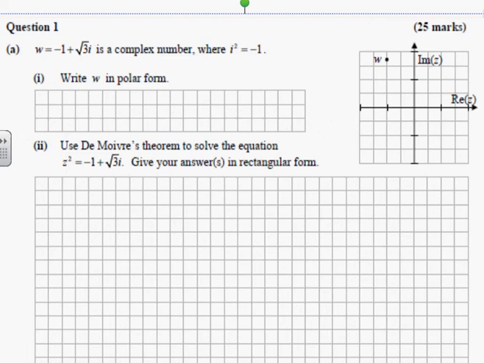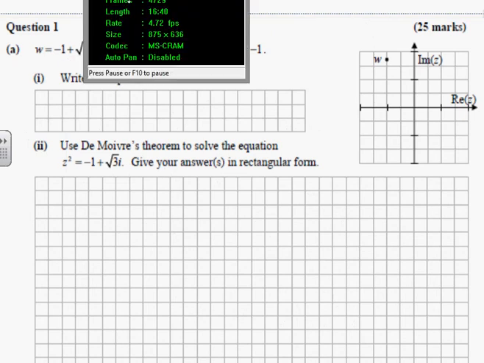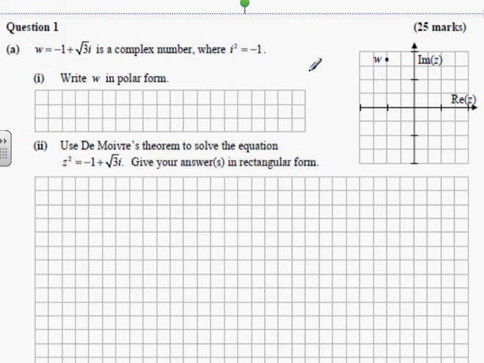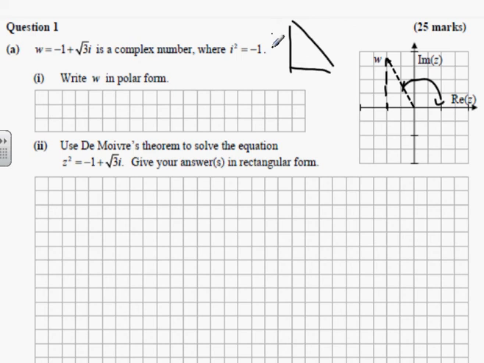This one here, okay? Complex numbers. Express it in complex form. So to express this in complex form, you're going to see the angle of W here. Now remember, you're taking the angle relative to the right hand side of the x-axis, okay? This here is root 3. So the angle we're looking at here is root 3. This one here is 1.